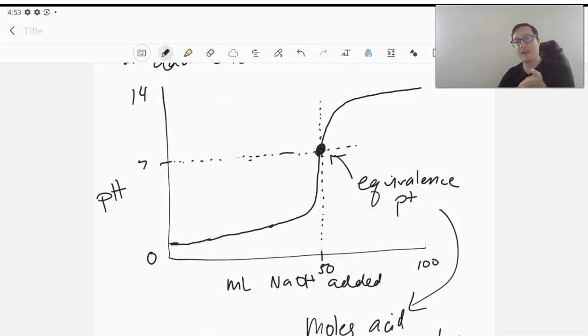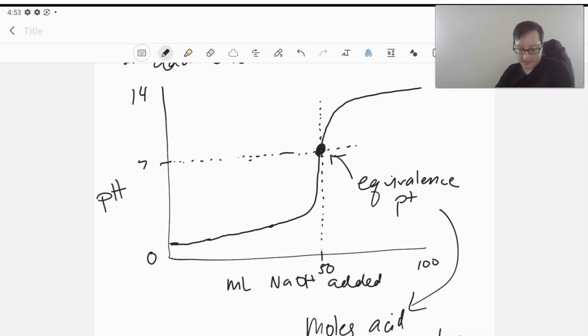The important point here is that there's this very sharp curve. As we approach the equivalence point, we get a sudden skyrocket in pH, because pH is a logarithmic scale. That means small concentration changes eventually make a big difference.